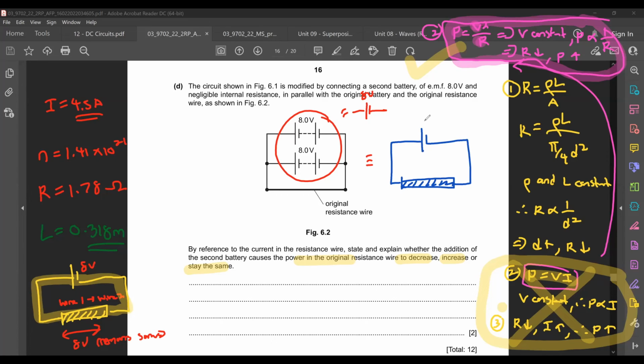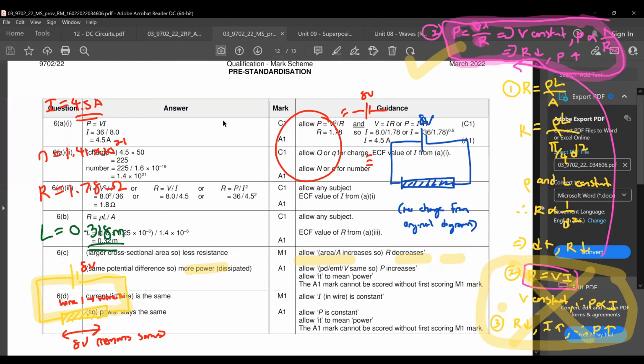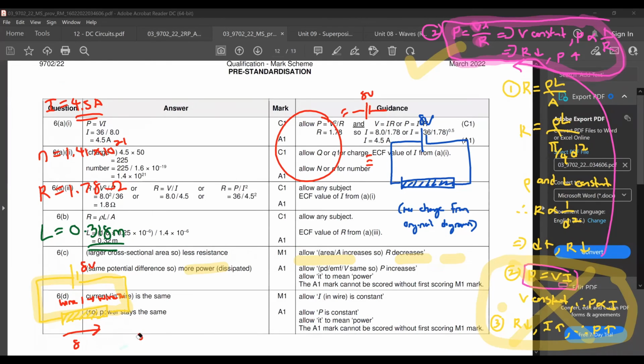My battery has an equivalent EMF of just 8 volts. So there's actually no change from the original diagram. So in my case, what I will be able to say here is that the current in the wire is the same. PD is the same, current is the same.